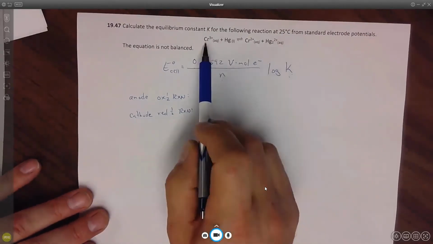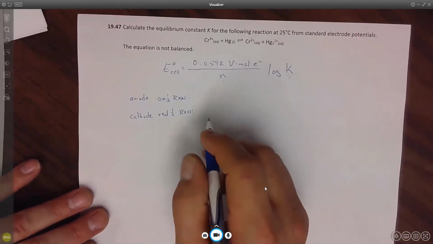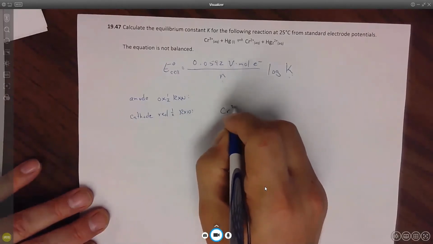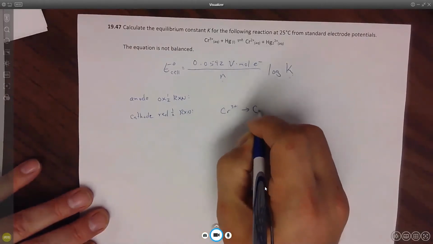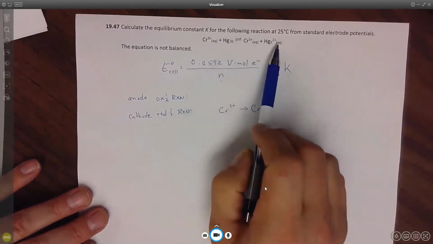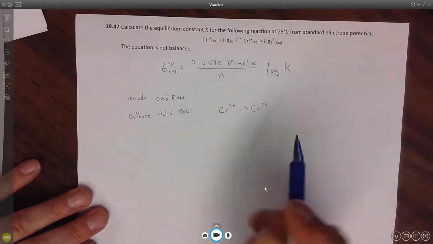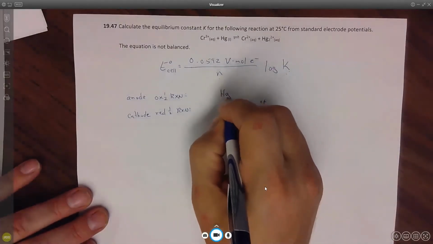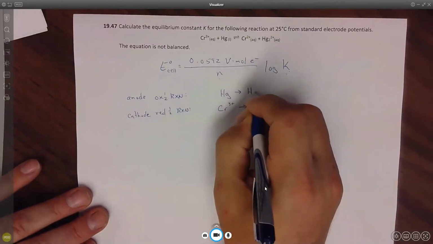The oxidation number is reduced, so that must be the reduction half reaction, so that must be the cathode. Then we have mercury going from 0 to +1. So that's the oxidation half reaction, mercury going to mercury 1.